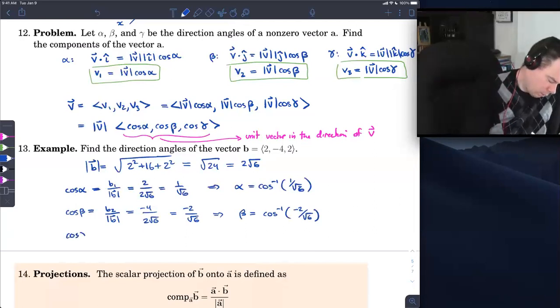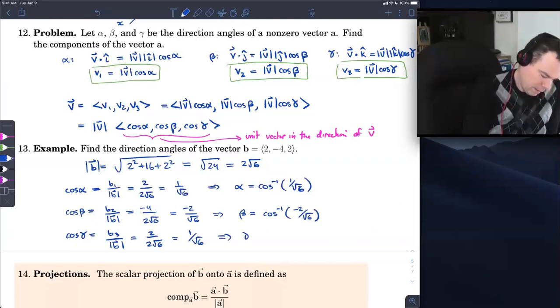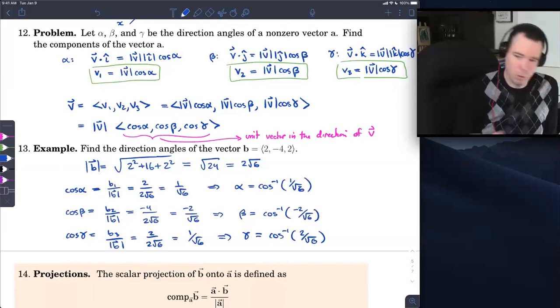And cos gamma is b3 over the magnitude of b, or 2 over 2 root 6, which is 1 over root 6, which tells me that gamma is equal to arc cos of 1 over root 6. And so there are the corresponding direction angles.